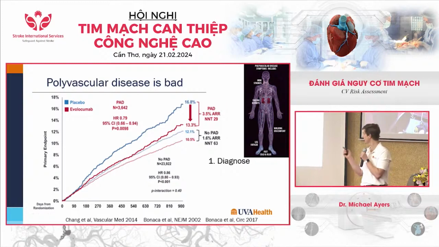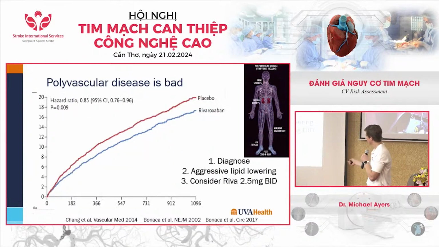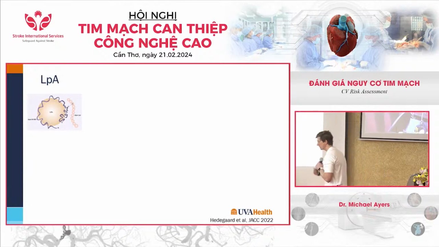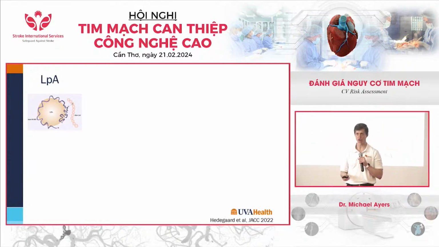So you gotta think about it, you gotta diagnose it, you gotta aggressively lower the treatment, and then there's increasing data that rivaroxaban 2.5 twice a day is helpful in this group. Out of the scope of this talk a little bit, but you have to think about patients with multiple vascular bed involvement.